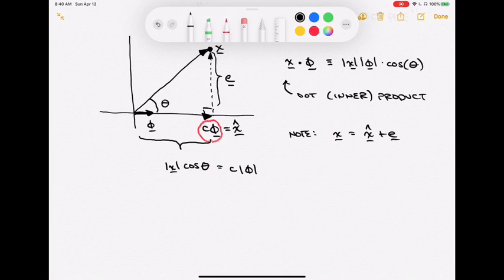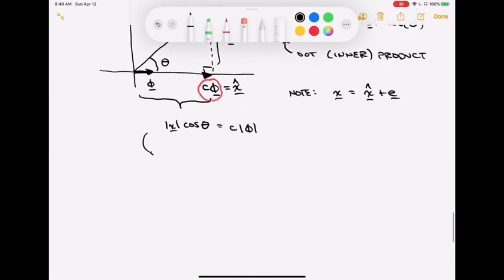Okay, so now I'm going to play just a little game on this. I'm going to multiply this expression by phi on each side. Let's just do it by the size of phi. I'm going to multiply by the size of phi on both sides.